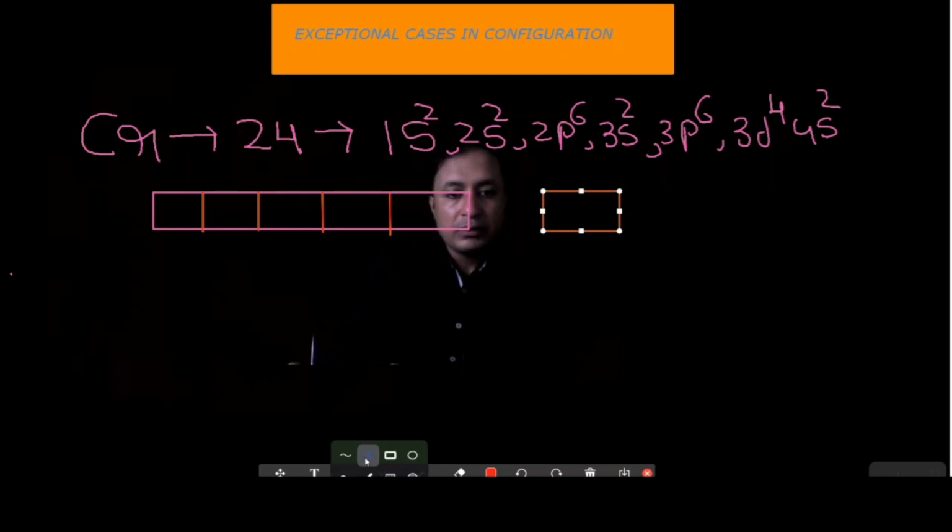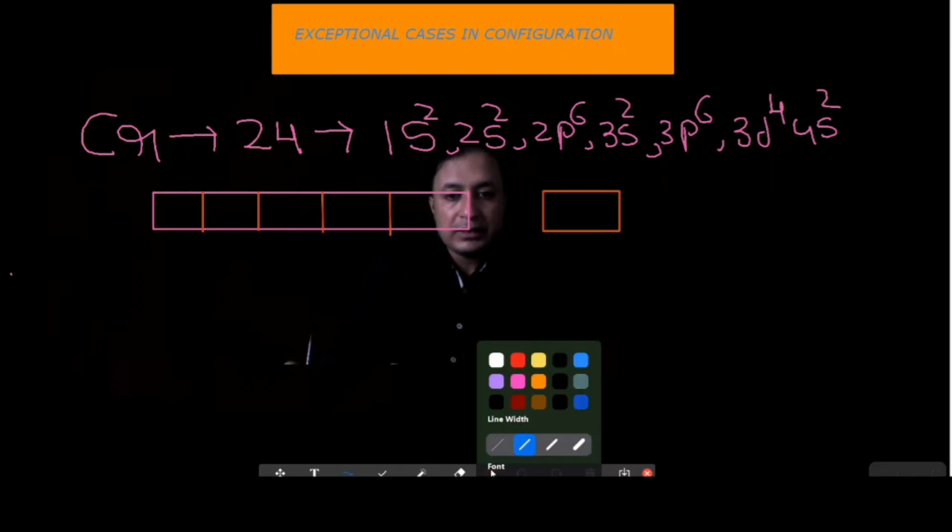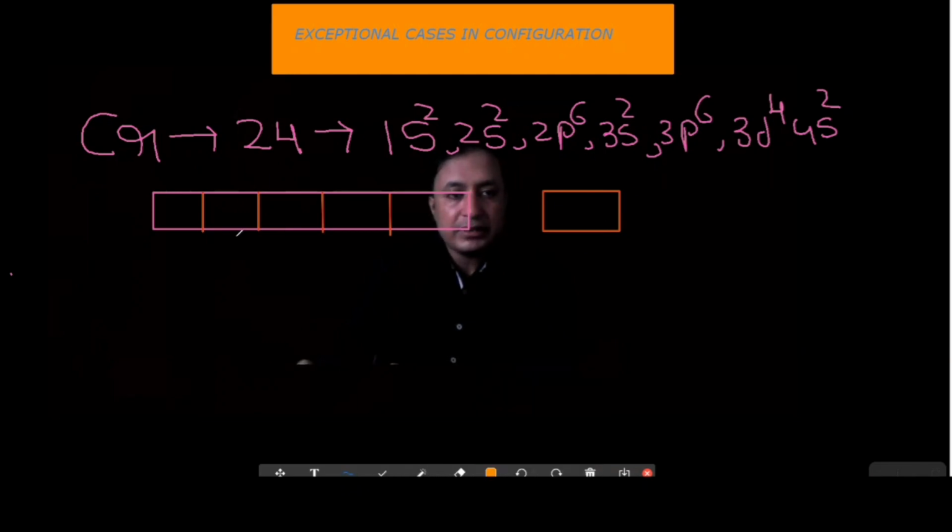So if we represent these electrons, then they will be represented like this: 1 electron here, 1 electron over here, 1 electron here, 1 electron here. Okay, 1 electron each is present in each orbital of 3d4.